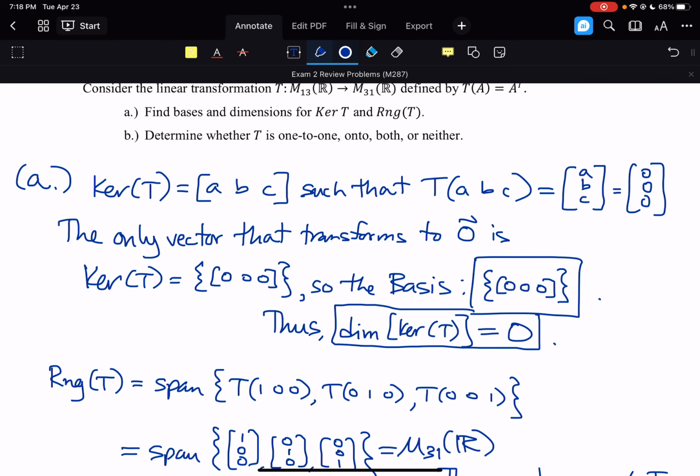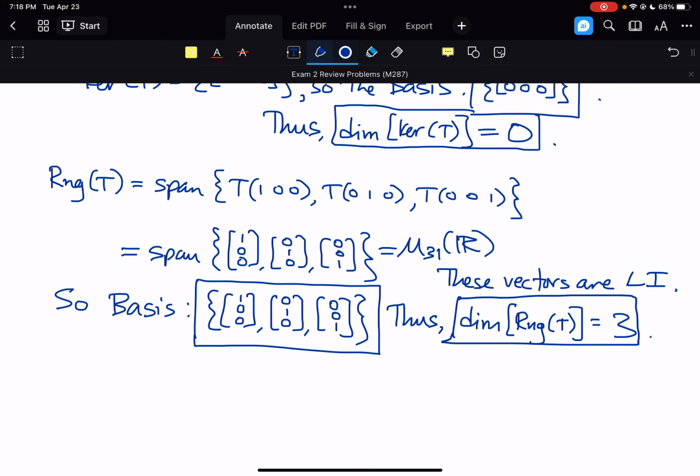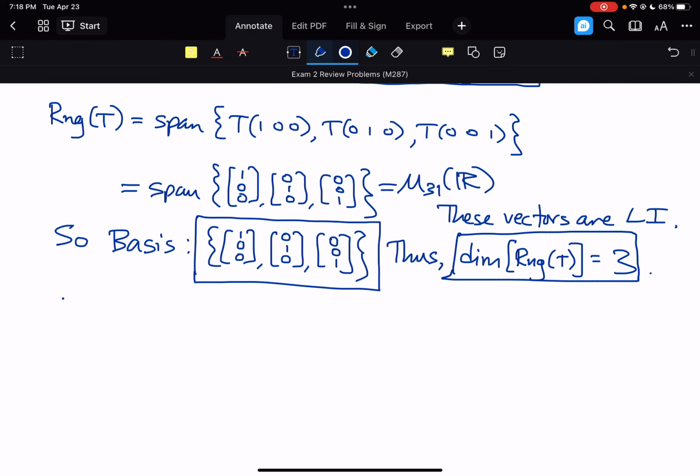For part B, determine whether T is 1-to-1, onto, both, or neither. Well, we've already done pretty much all of the work that was necessary to make this argument. So since the kernel of T equals the 0 vector, and only the 0 vector, T is 1-to-1.